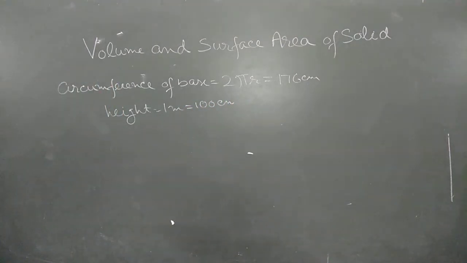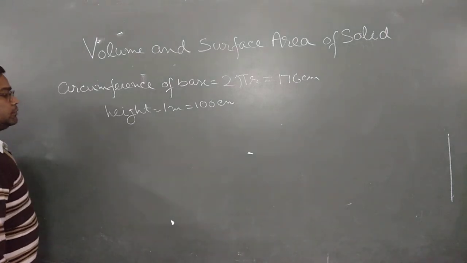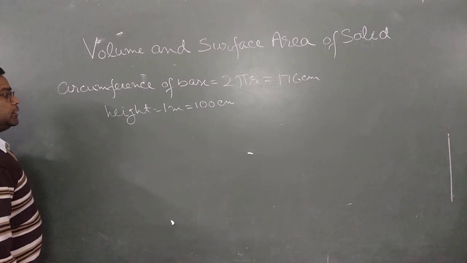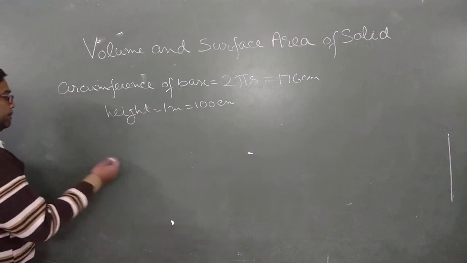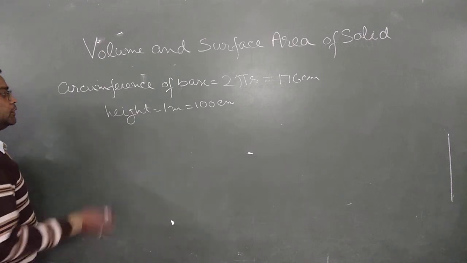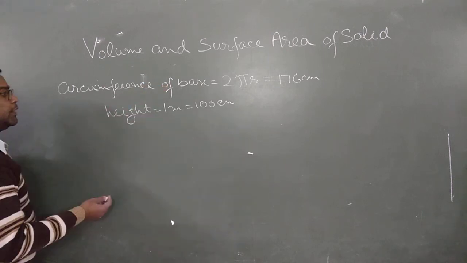Clear? The question says find the lateral surface area. Lateral surface area is nothing but your curved surface area. But from 2 pi r you can easily find out the radius now.